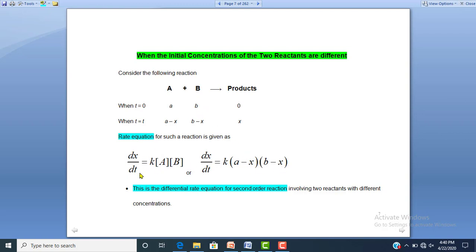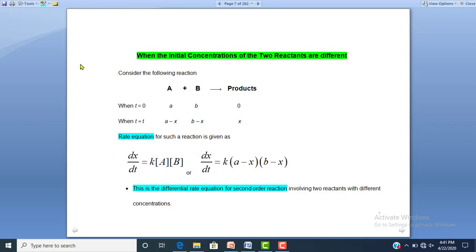So we can write this rate equation: dx over dt is equal to rate constant k into (a minus x) into (b minus x). This is the differential rate equation for a second order reaction.